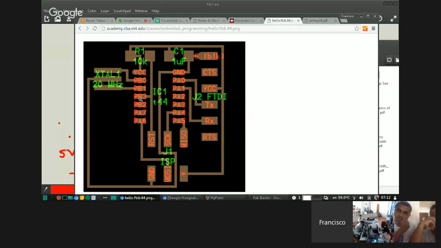This one? Yeah, it's a board file, not a schematic. So if you see that R1, one end is connected to VCC, the other is connected to the reset pin. Yeah, so that vertical line that's connected to the PB3, that's a reset pin. So that's a pull-up resistor.